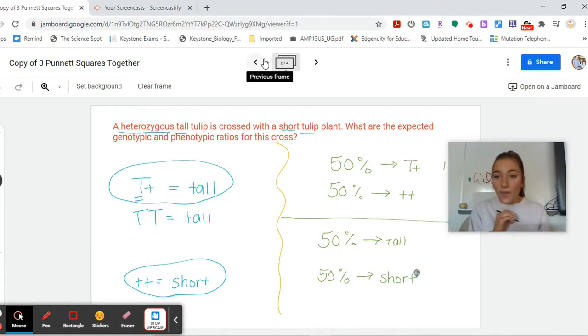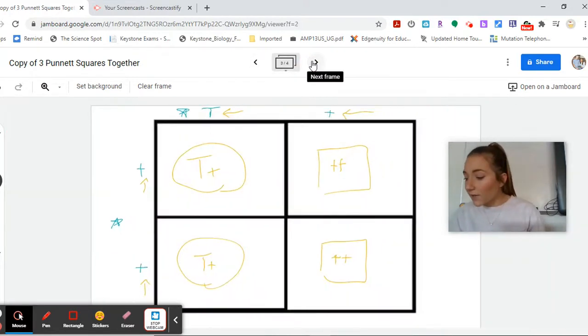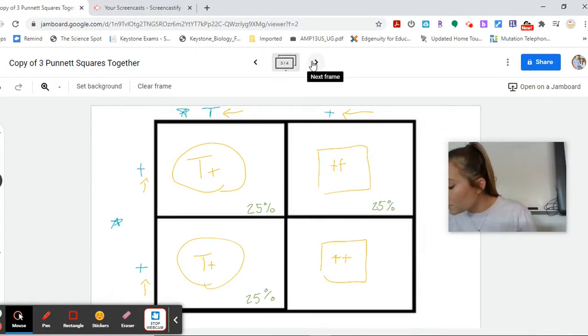So, takeaway. Interpreting the Punnett square, don't forget that each of these boxes is equivalent to 25% because it's 1 out of 4. So you add together the things that are the same to get that 50% that we answered today.